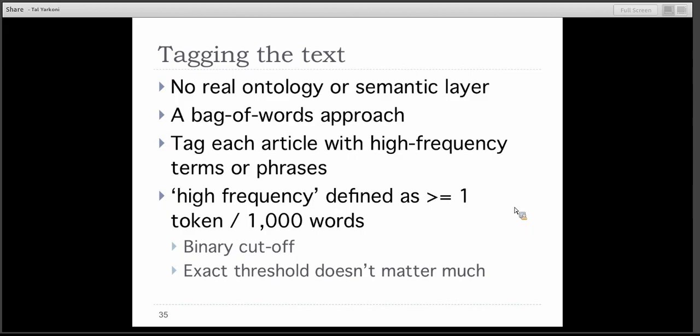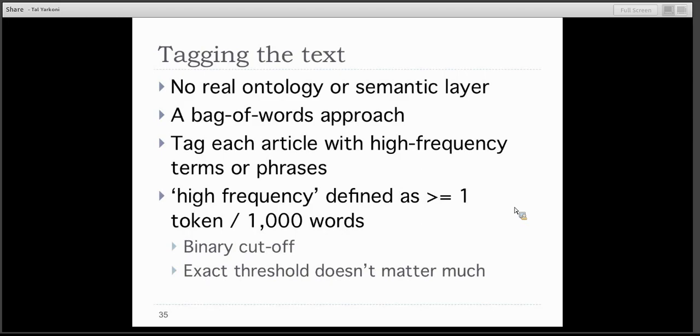Within a pretty large range, it doesn't really matter. We've tried other approaches, treating frequency as a continuous variable, but it doesn't matter very much. That's all it is. So every study in the database is tagged with the words that occur at relatively high frequency.